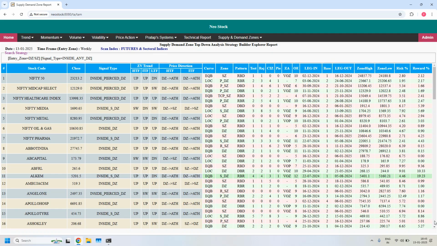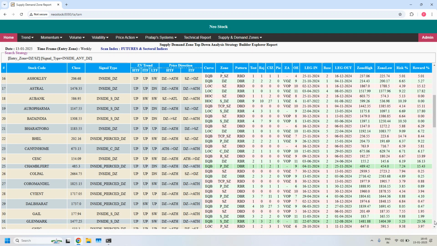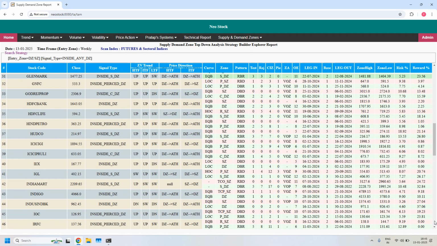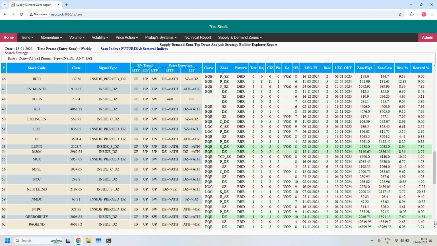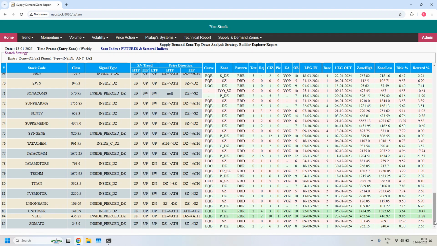For the reference, I am scrolling the list down. So total 85 stocks where price closed inside the weekly demand zone.